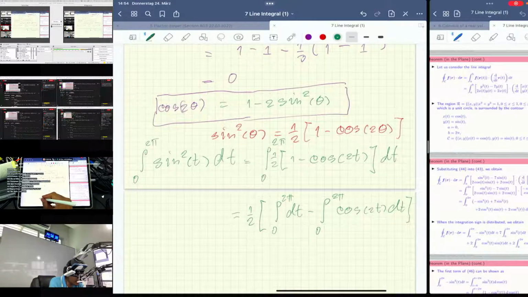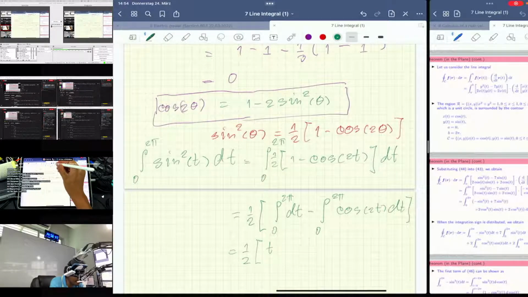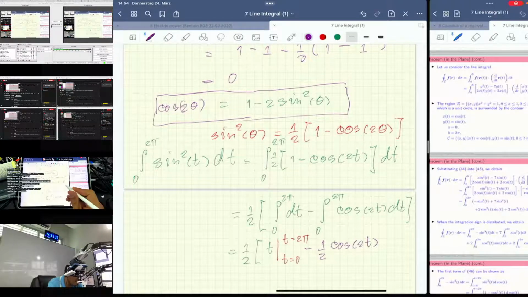And here you would have 1 by 2, of course this is t from 0 to 2 pi, minus this term, which is 1 by 2 cosine 2t, once your t is from 0 to 2 pi, in closing bracket.